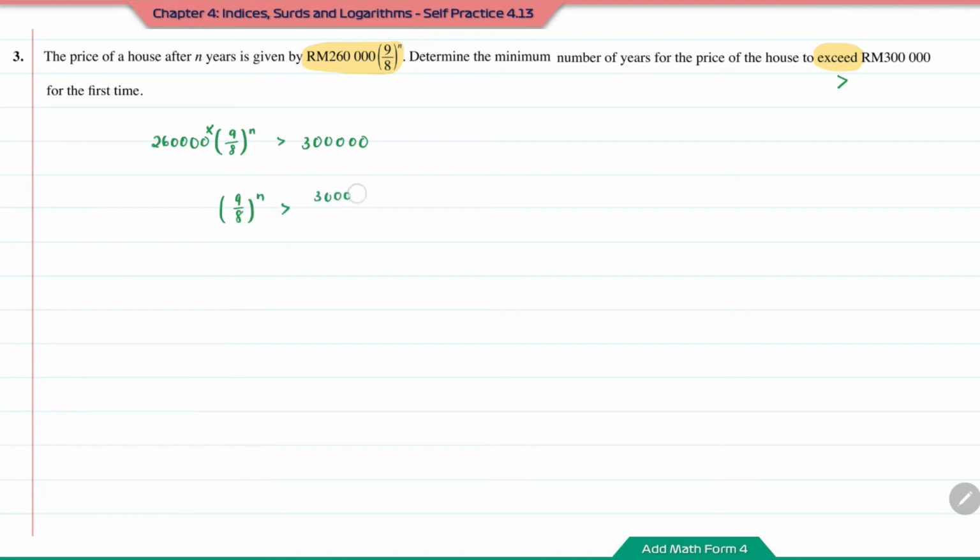It will be 300,000 divided by 260,000. So here, after you simplify it, you will find that it is equal to 15 over 13. Now, on both sides here, I cannot change it to the same base to compare the power. Therefore, to solve for n, which is the number of years, I'm going to log both sides with log base 10.